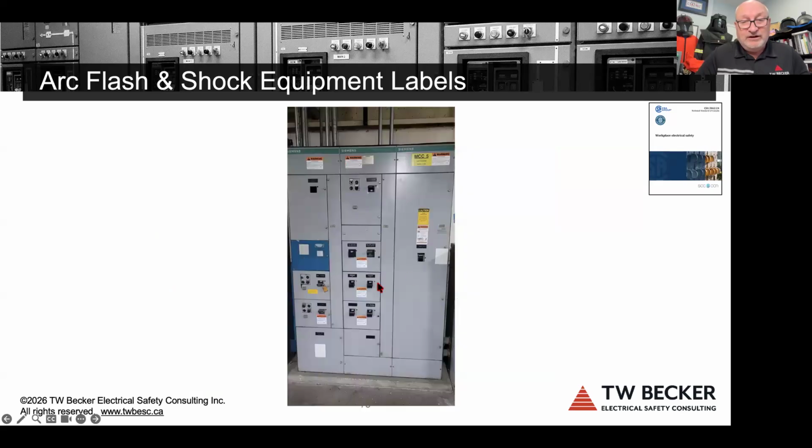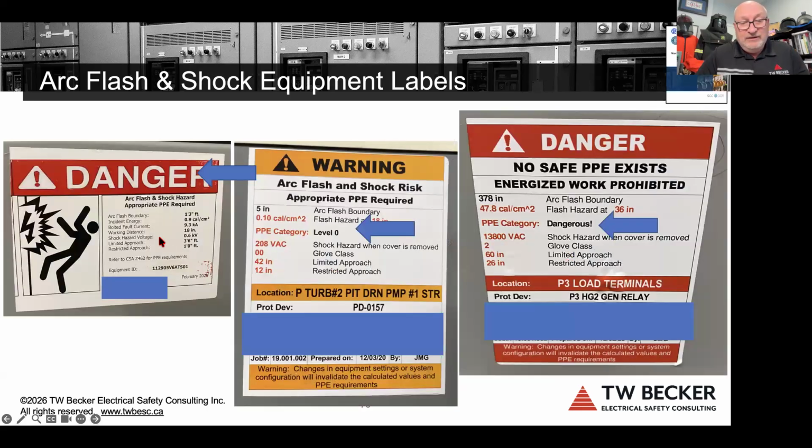Another one with labels on every door and up so high you can't read it, especially like me with my readers, right? And other labels where the categories were listed, PPE category. There was never, ever a technical correlation between an arc flash PPE category and incident energy. This was exacerbated by the power system software vendors putting a default column in that listed the categories, just like they put the default column in that if the incident energy was greater than 40 calories, it said dangerous.